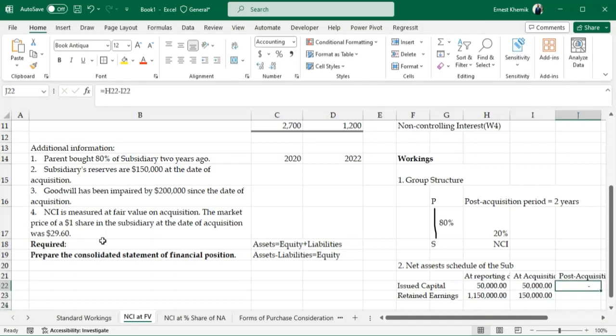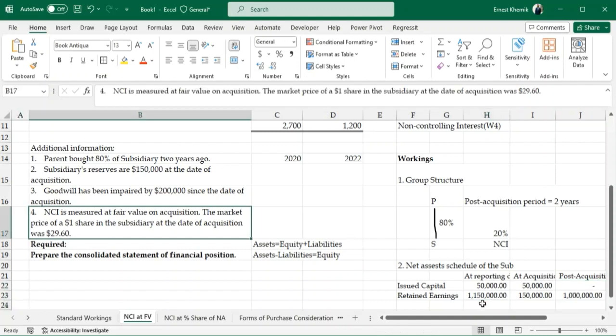Then our post-acquisition profits, which I can copy the formula down, Control D, becomes the difference between those two figures, which is $1 million. So we do not have any other information relating to the net assets of the business.